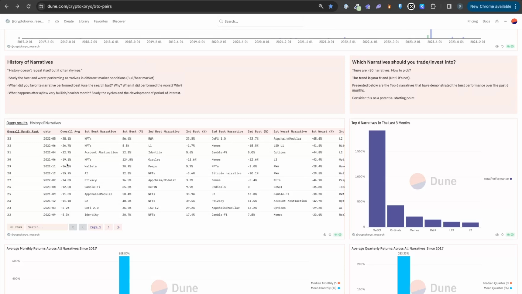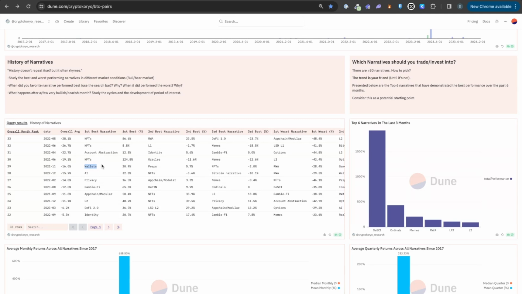The best performing narrative of the month is wallets, because people started to withdraw their money from Binance, from FTX, from everything, and they started to put them into things like Trust Wallet and SafePal and Coin98. And so the market was down 16% overall that month, at least on the narrative assets, but the wallet narrative was one of the few times that it was actually among the best ones, but here it was the best one.